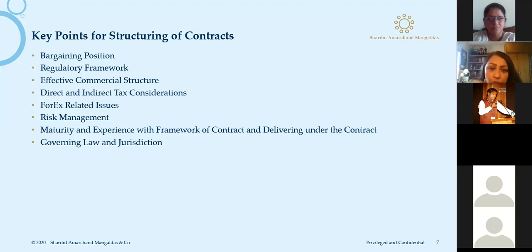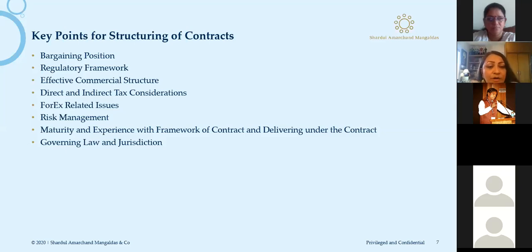Now, when you're doing that, a successful contract is one which is balanced from both sides. Because if it's an imbalanced contract, then the chances are it will never work, and it will always go into litigations and have claims which make the entire situation very unviable and difficult to sustain.